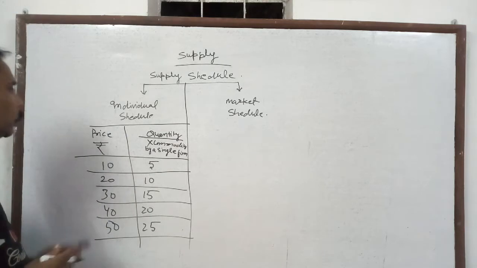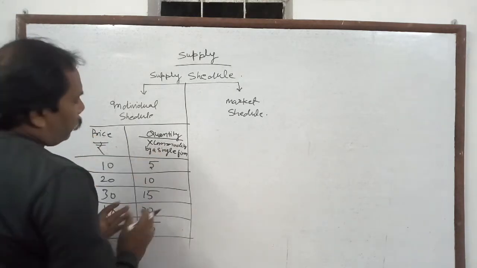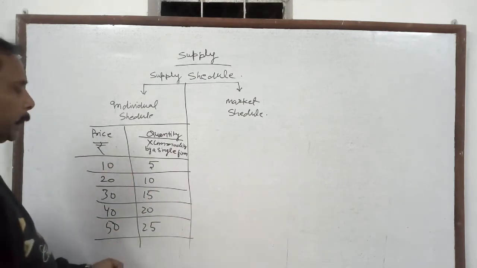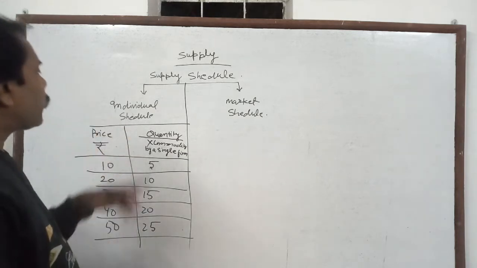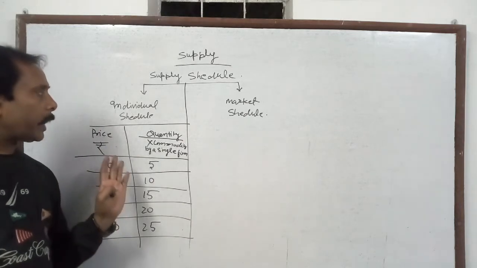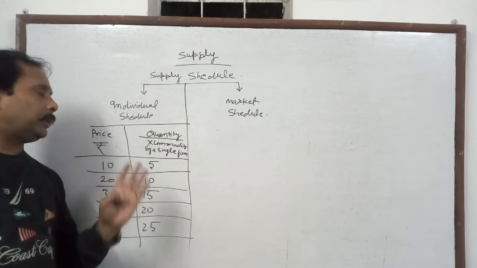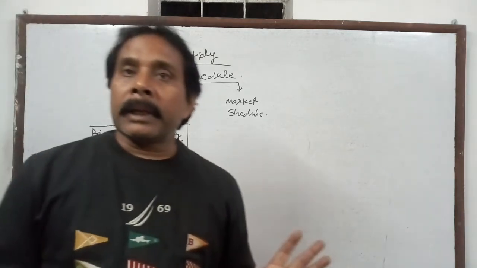A table shows that at different levels of price, a firm is willing to sell different quantities of a commodity in a given period of time. Is it clear? And that's why it is called the individual schedule. It is the individual tabular statement of a firm. Clear?